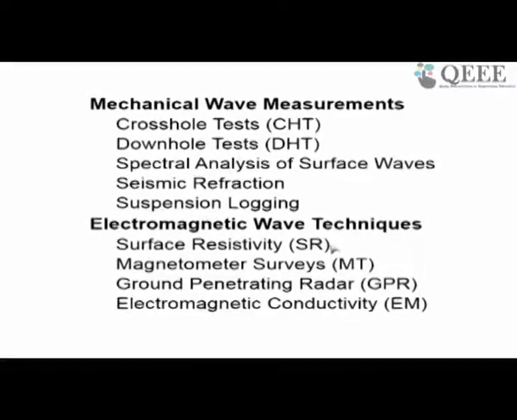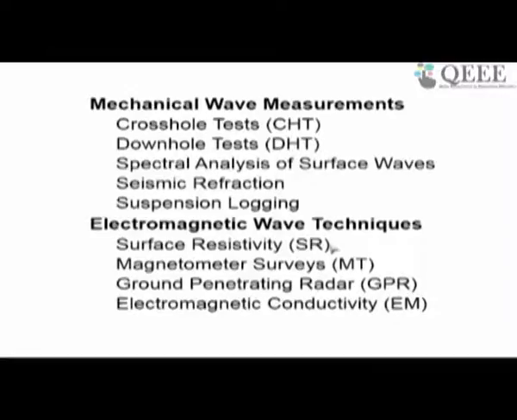So there are different techniques available. We can divide the geophysical techniques into two major groups. One is mechanical wave based, where you use mechanical wave measurements. The other is electromagnetic wave techniques. In mechanical wave measurements, you can use the seismic refraction test, where actual sound waves are passed and recorded to characterize the ground.